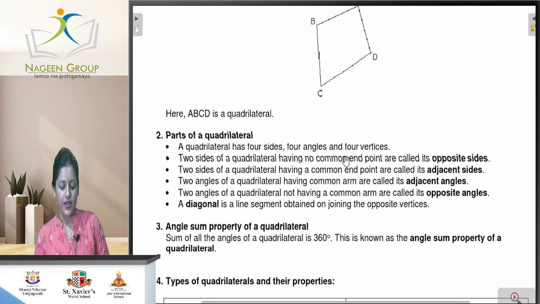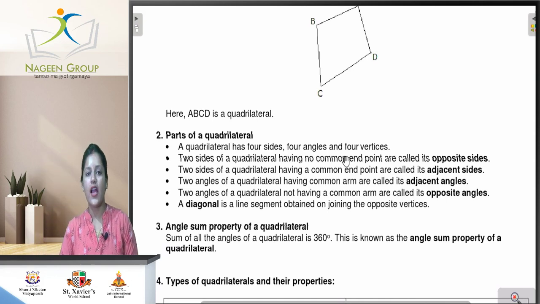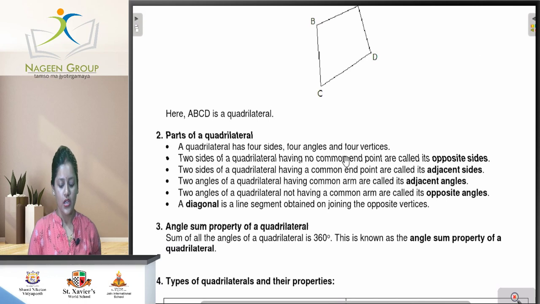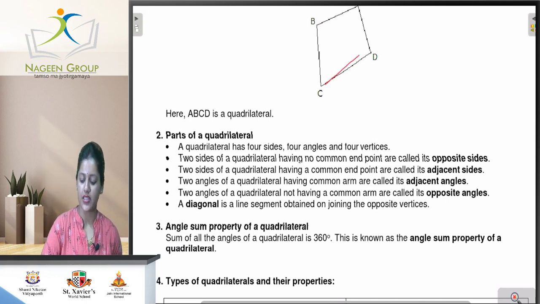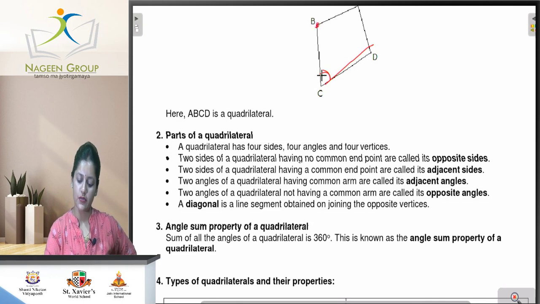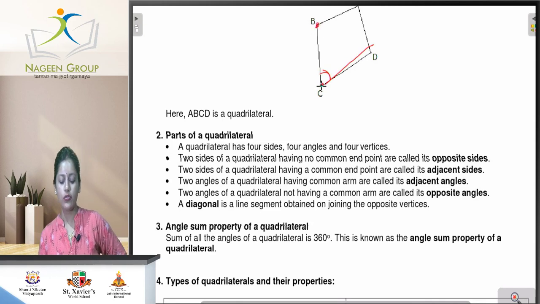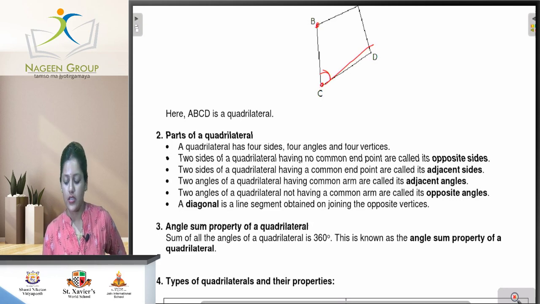Parts of a quadrilateral. A quadrilateral has 4 sides, 4 angles and 4 vertices. Two sides of a quadrilateral having no common endpoint are called its opposite sides.